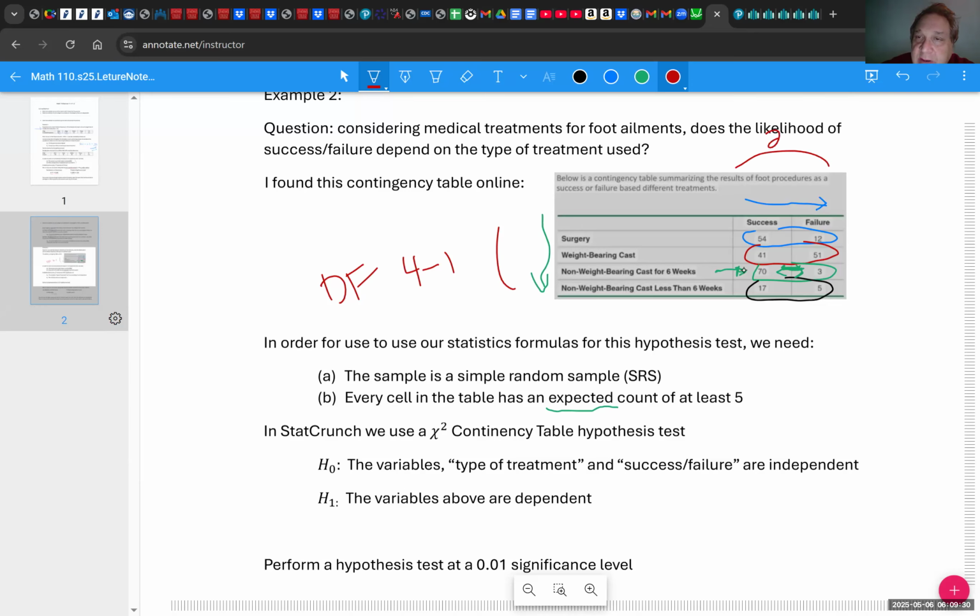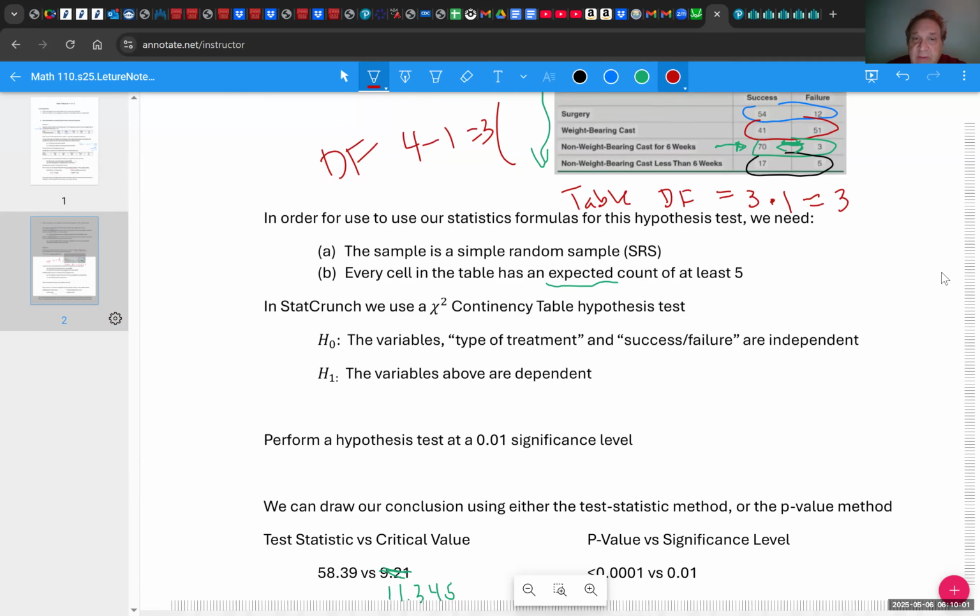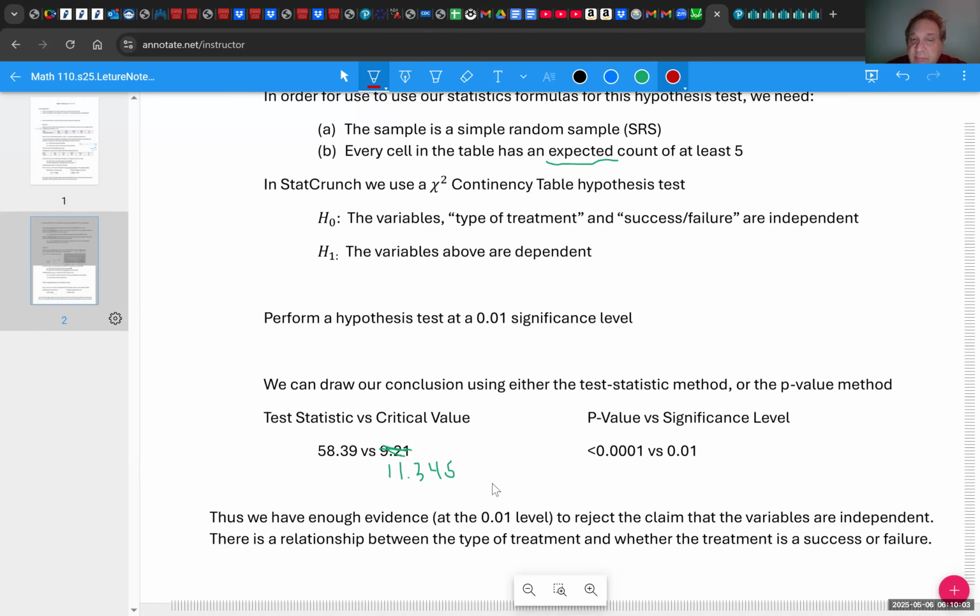So the degrees of freedom for the whole table, we would just multiply the 2 degrees of freedom together, and we would get 3. So that's the table degrees of freedom. Unfortunately, I only went down 2 when I was pre-doing the calculations, but I found my mistake and fixed it. So going down 3 spaces, you get a critical value of 11.345 according to that table there.